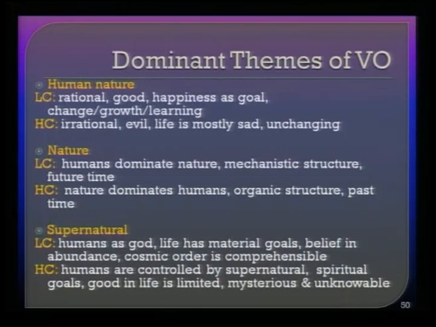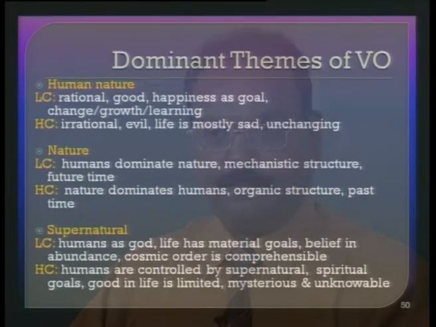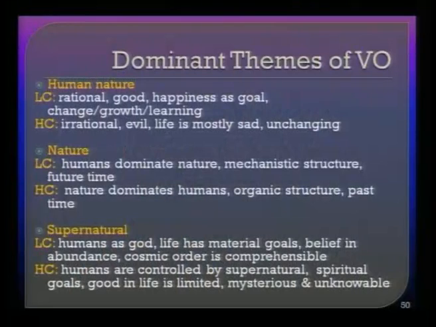In terms of low context culture, with regard to the supernatural, humans are treated as God, that is, the human being has all the potentialities of a God to control, govern and organize his life as well as to pattern the environment. Now, in the case of low context, life has material goals, it is worth achieving also, and there is belief in abundance.